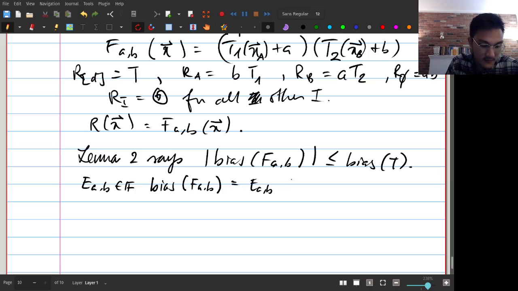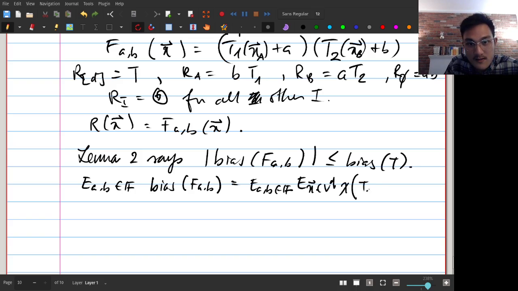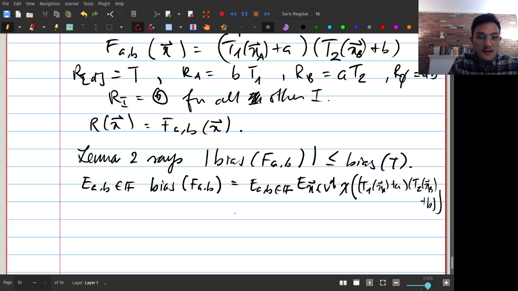If we just unravel the definition, it's the expectation over x in V to the D of chi of t1 of x_A plus a, t2 of x_B plus b, and all these brackets.